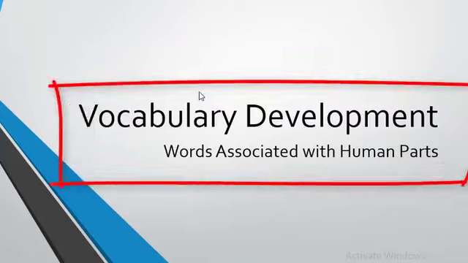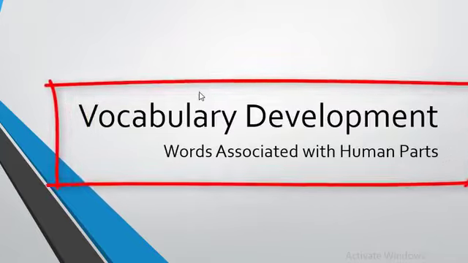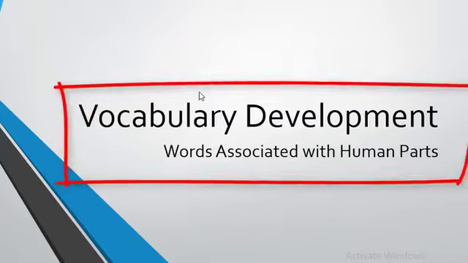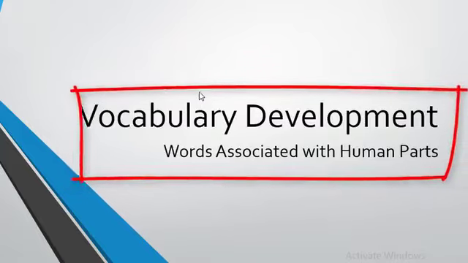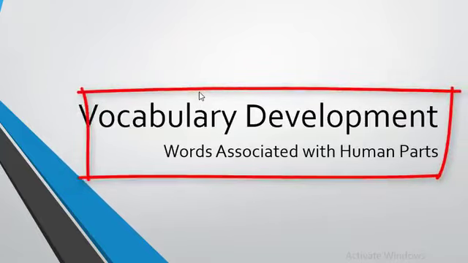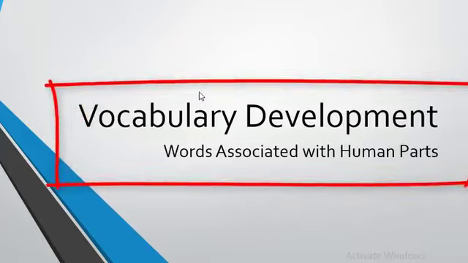We're going to be looking at registers, words associated with human parts, and thereafter we'll look at speech work, another aspect of English which is very important. We'll look at consonant clusters, and lastly we'll look at writing. We're going to look at something on expository writing or expository essay. But before all of that, let us review the previous lesson.